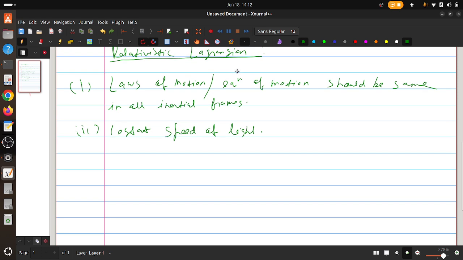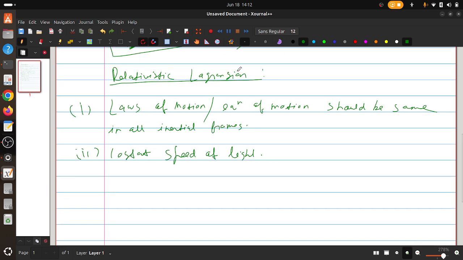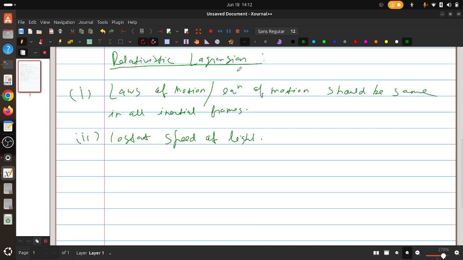The relativistic Lagrangian which we want to form has to respect these two principles.